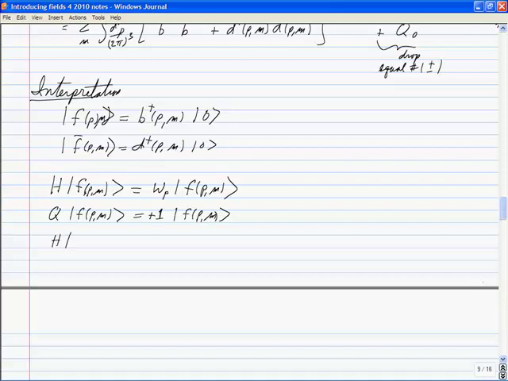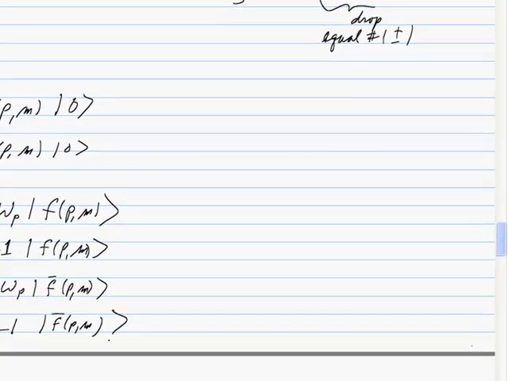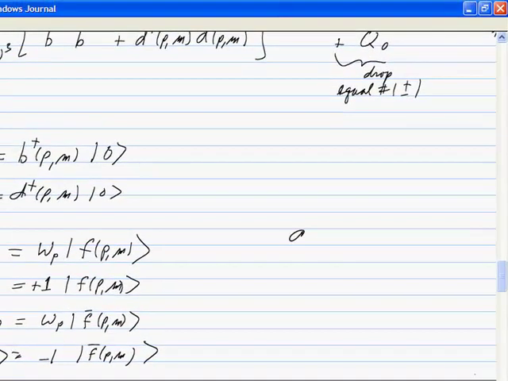And the Hamiltonian on F bar was also omega p. And the charge on this guy is -1. So the outcome of this quantization procedure is all the particles' energies are positive.